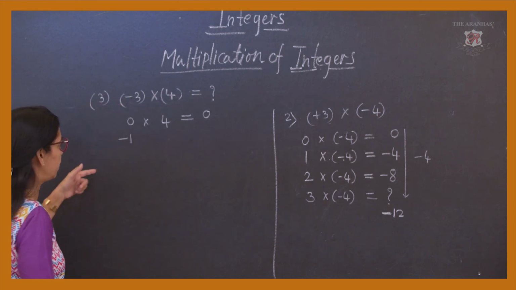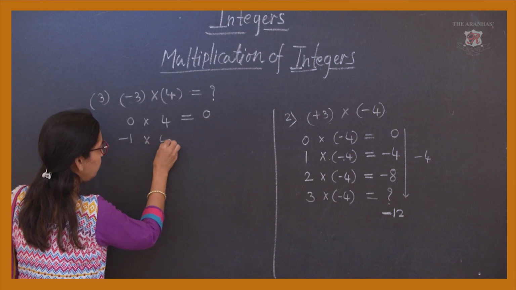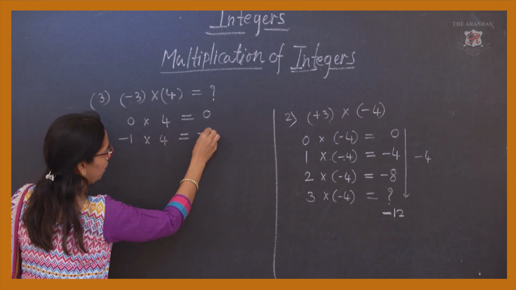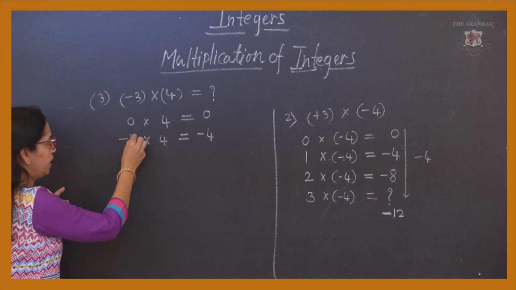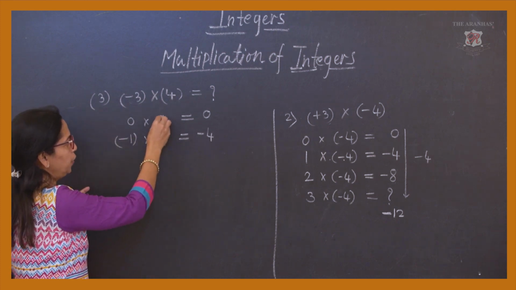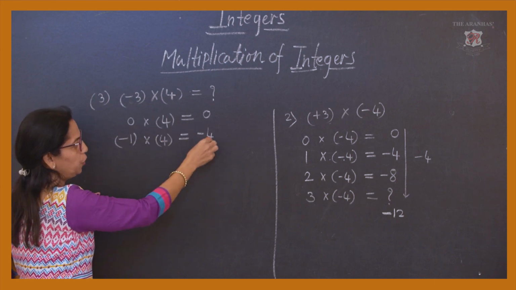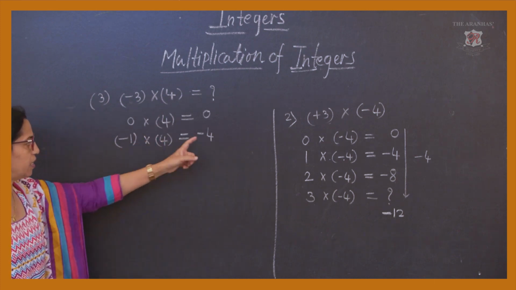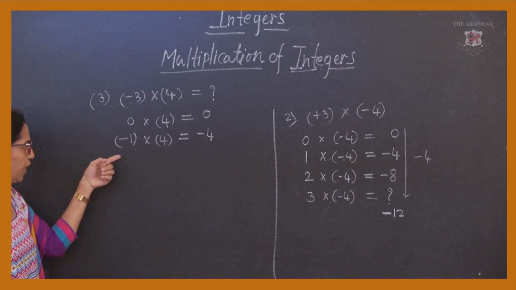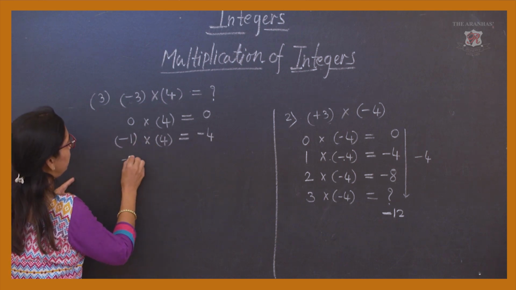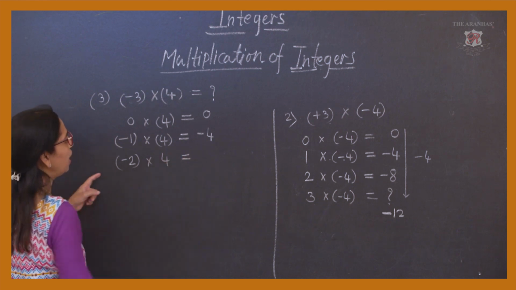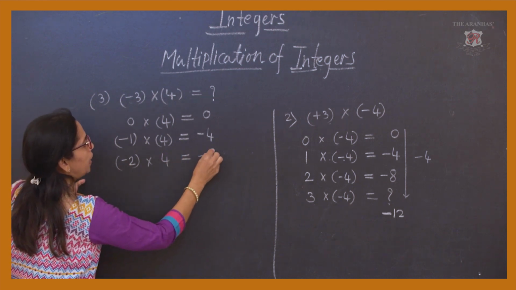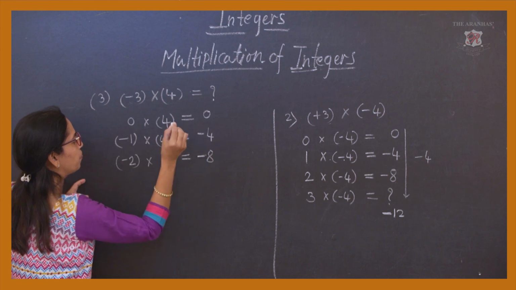So stepwise we will carry out the multiplication to get the answer. When we multiply -1 into 4, you will get the answer -4. Now the next step, I will write here -2 into 4. We will have the answer -8.